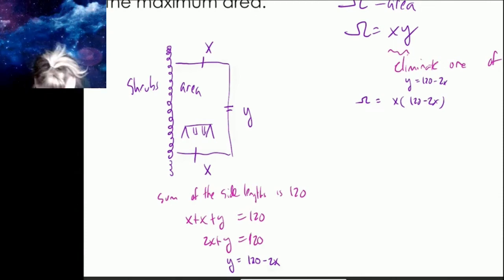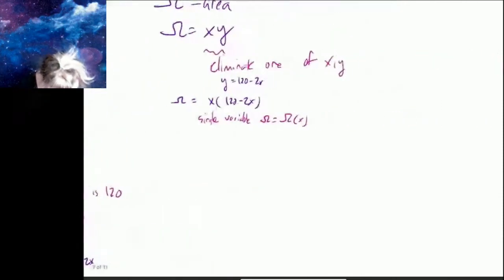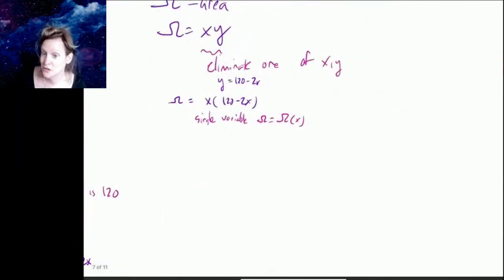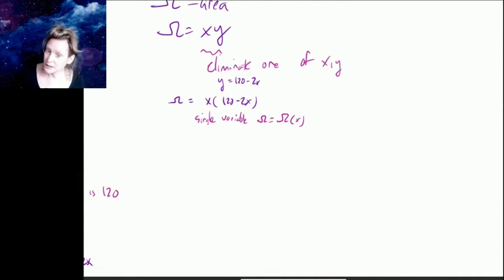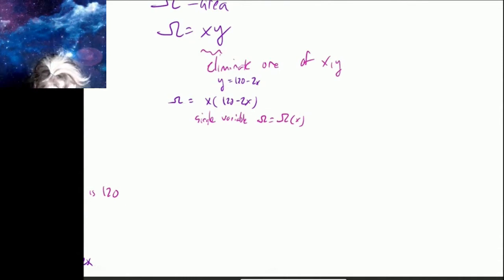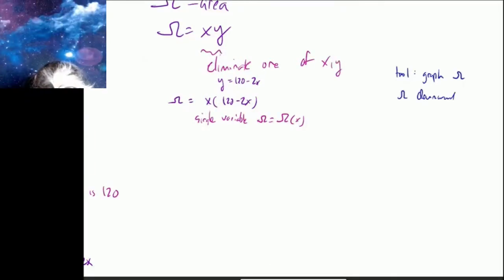Good. And once I have a single variable objective function, the objective function exists to be optimized, and I will do my best to optimize it. I think it's really good to plot your objective functions. So as a tool for doing better work, I'm going to graph omega. Omega is a downward opening parabola, and it has roots at x equals 0 and x equals 60.